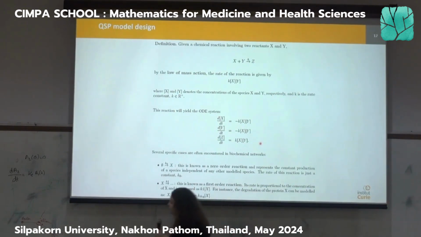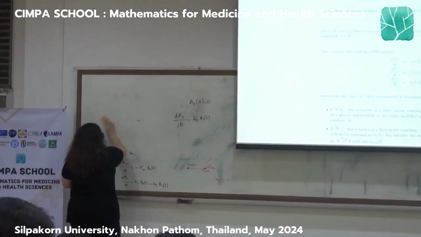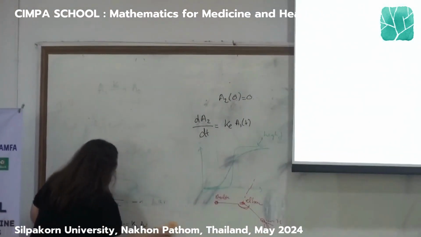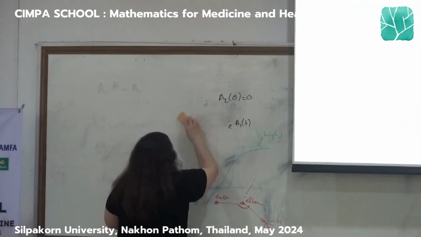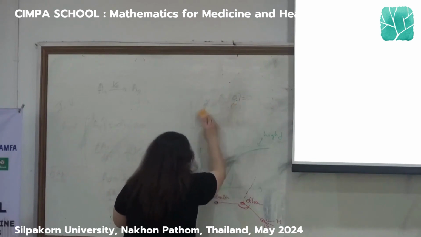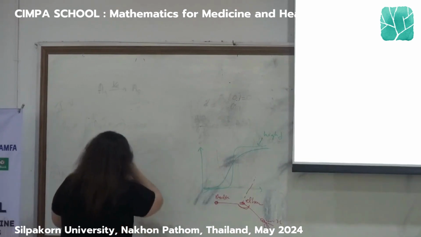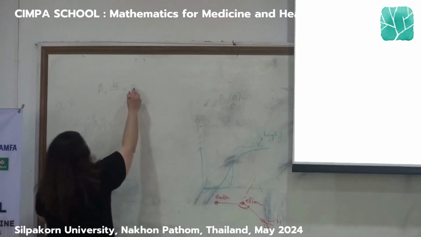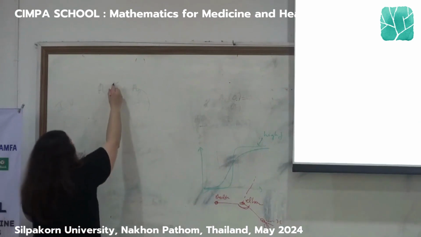So I will write that. Let's say that for some reasons you have a source that will produce some X at some rate K0.